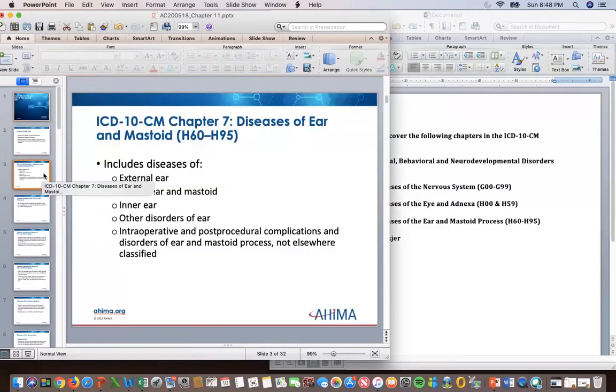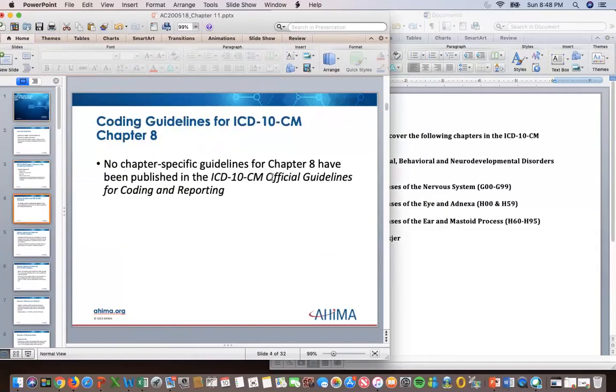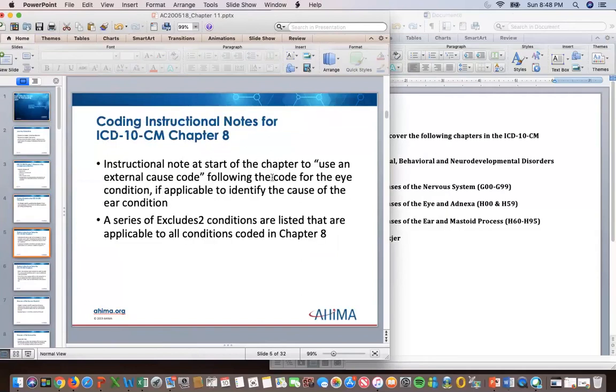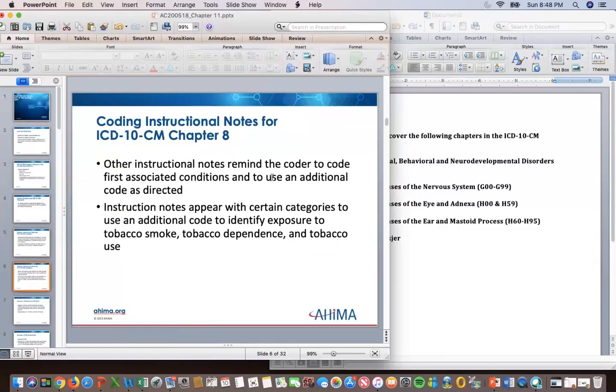This chapter includes diseases of the external ear, middle ear, and other disorders. They talk about intraoperative and post-procedural complications and disorders of the ear and mastoid process that aren't classified anywhere else. As stated, no chapter-specific guidelines for Chapter 8 have been published, so make sure that you're reading the instructional notes. A series of Excludes2 notes are listed and they're applicable to all codes.